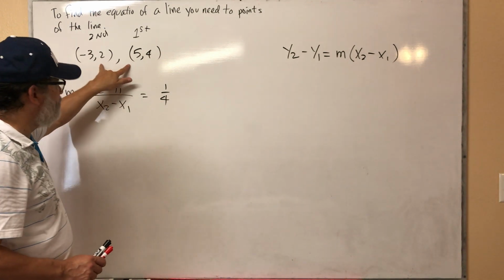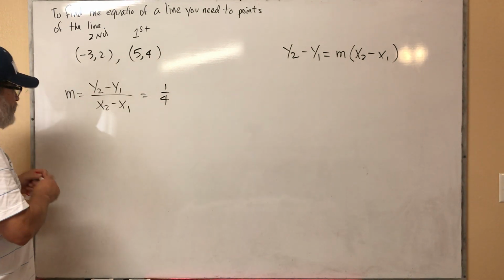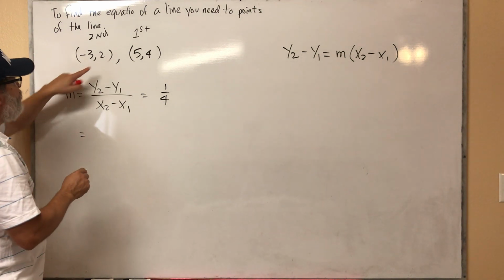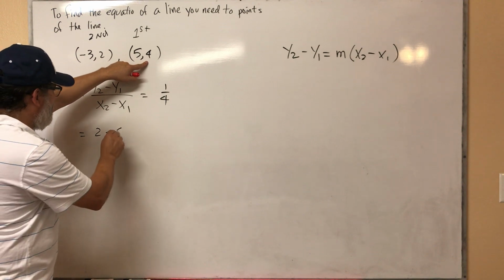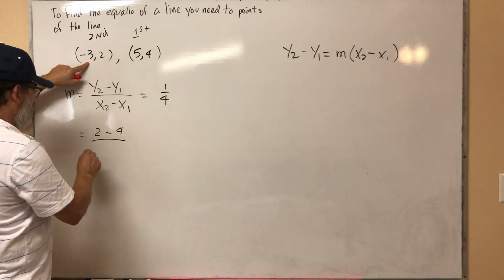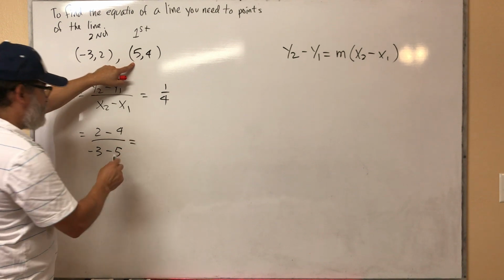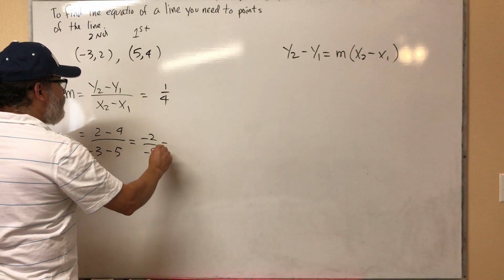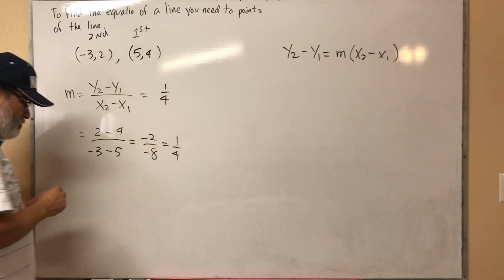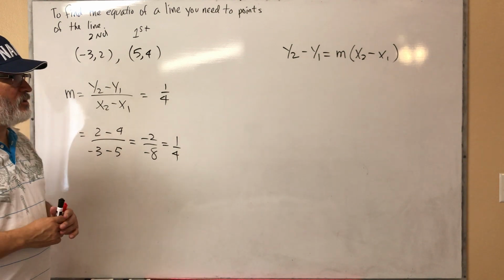I did, right? I'll do it again for you. y2 minus y1 over x2 minus x1, which equals -2 over -8, which equals 1/4. So you need the slope.